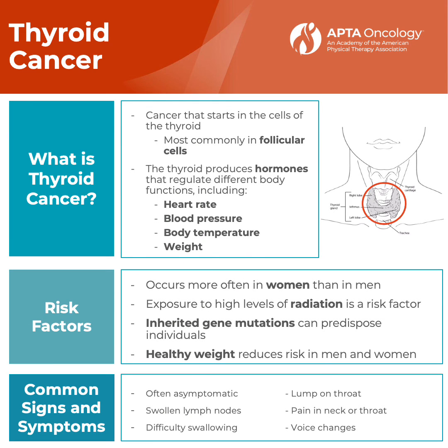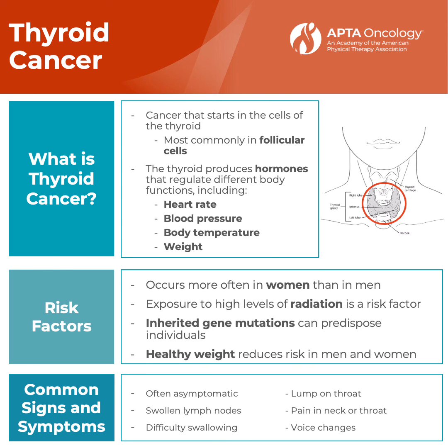So to start, I'd like to talk a little bit about our thyroid, what it is, and then get into what thyroid cancer itself is. Your thyroid is a gland in the front of your neck, around your throat and your trachea. It produces hormones that help regulate different bodily functions, including heart rate, blood pressure, body temperature, and weight.